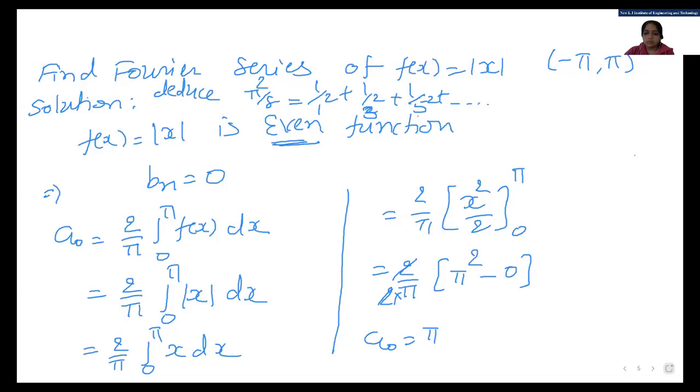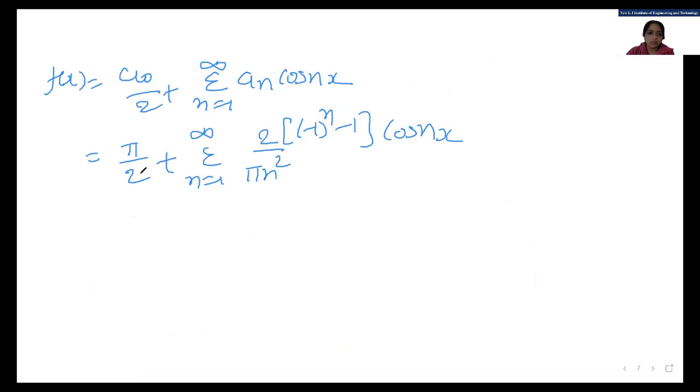Then here, see, minus 1 raised to n. If we take n is odd number, then this will be minus 1. And if we take n is even number, then it is plus. So if we take n even, then 1 minus 1 is 0. So we get these terms if our n is odd.